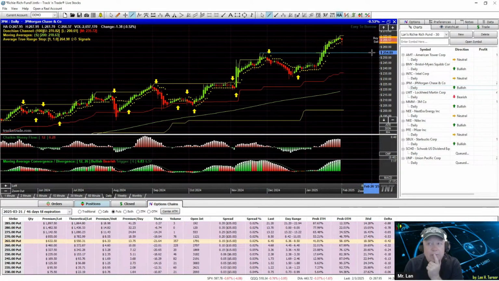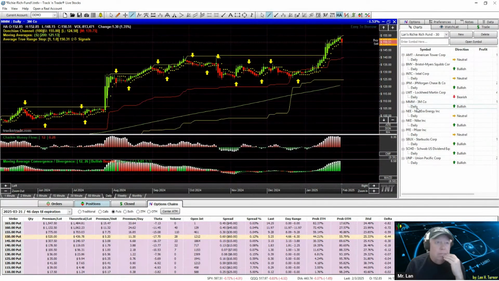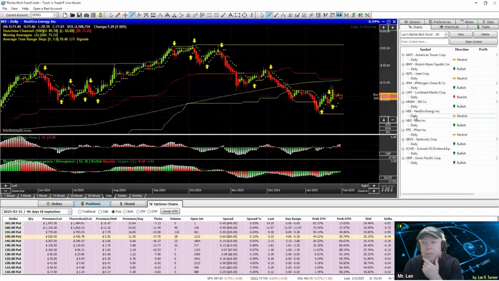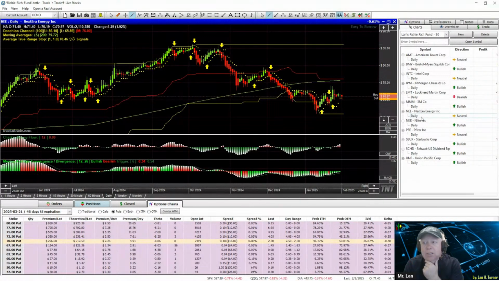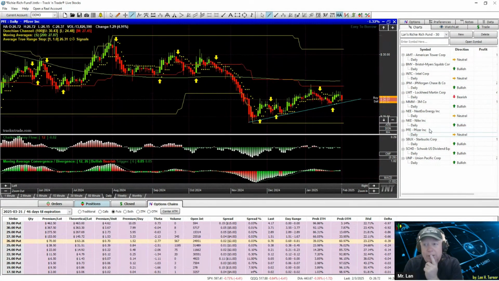Come back to its Fibonacci bow tie. Lockheed Martin. Which ones of these are you guys going to put on your real money accounts? 3M, NextEra, Nike, Pfizer. There's Pfizer.